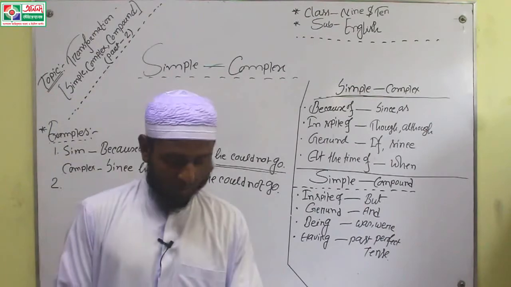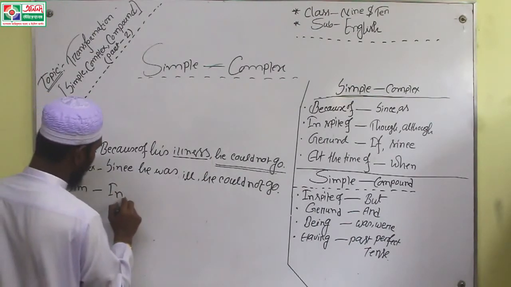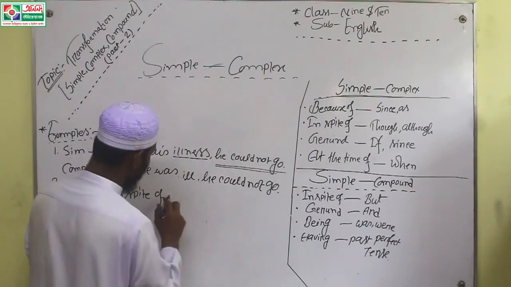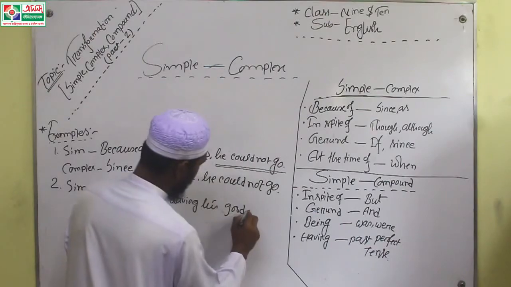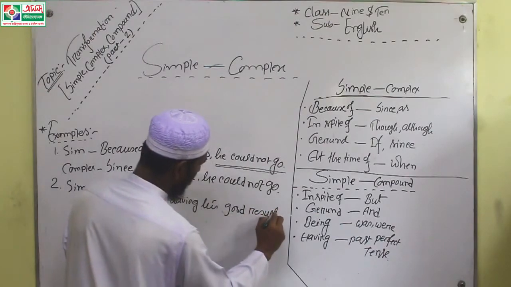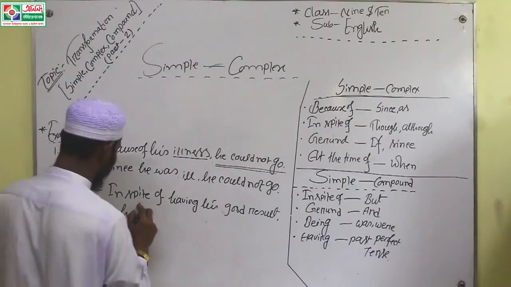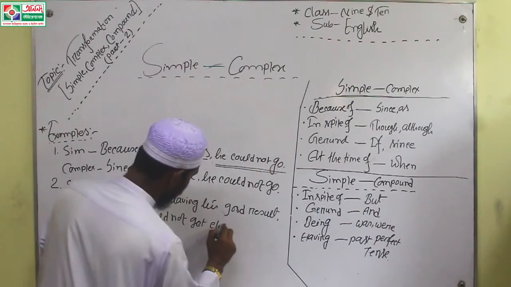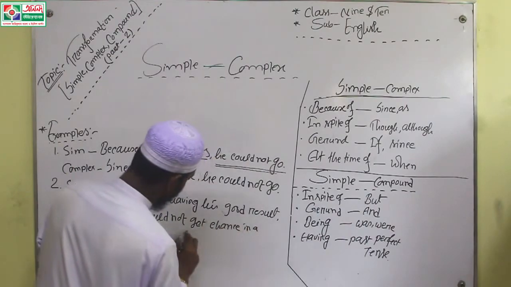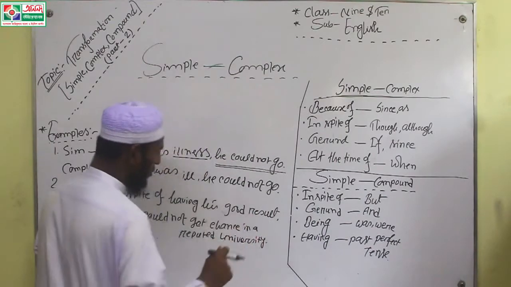Next, another example. In spite of having his good result, he could not get a chance in a reputed university.